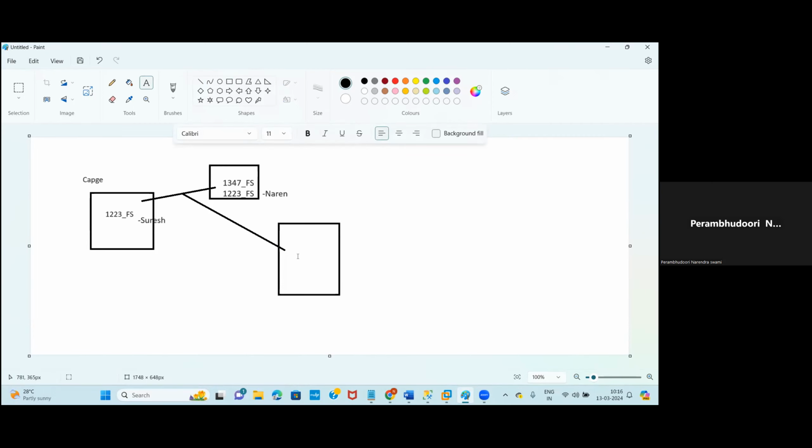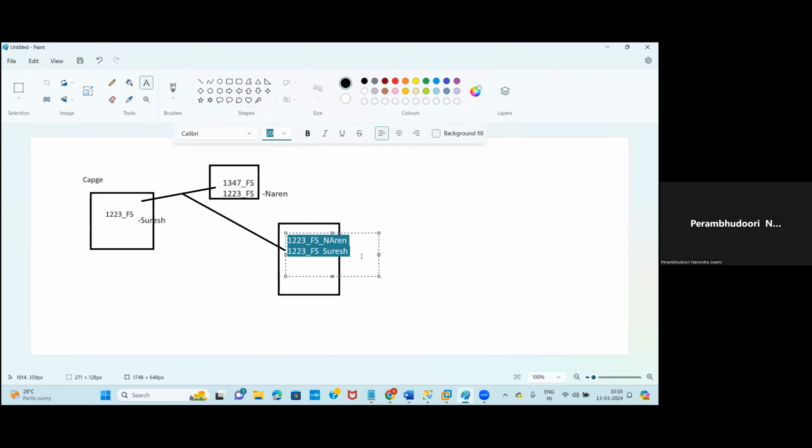Here I have two records for the same employee ID: 1223_FS has Naren, and 1223_FS has Suresh. So I have two records with the same employee ID but for different employees.